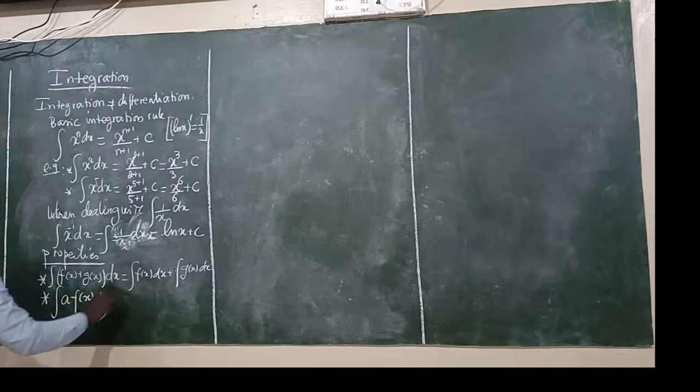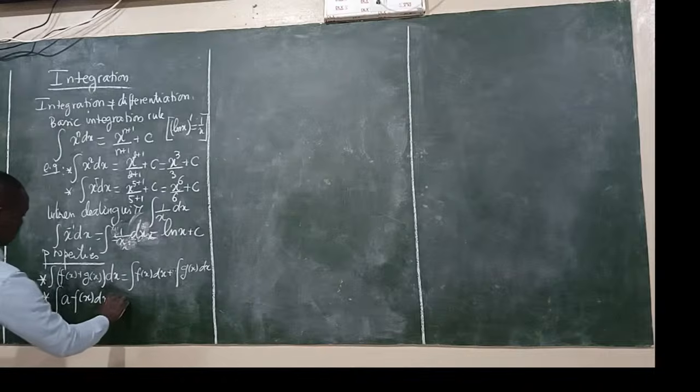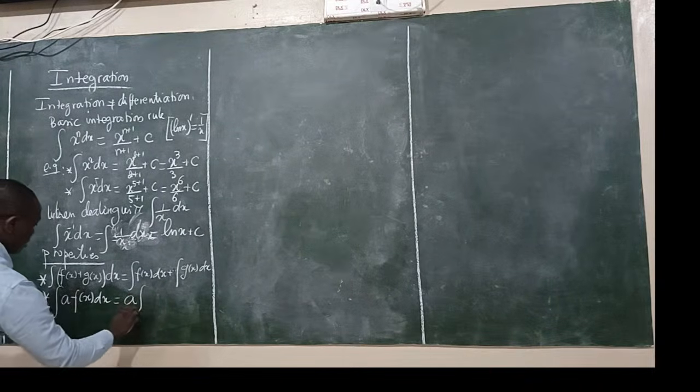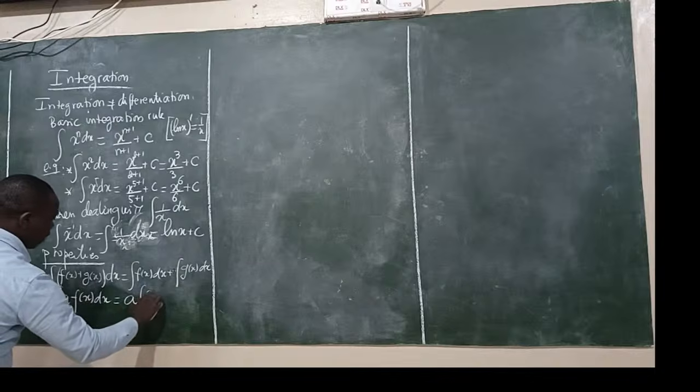The second property is when having a constant times f of x: the integral of a times f of x is the same as taking a out of the integral sign times the integral of f of x dx.